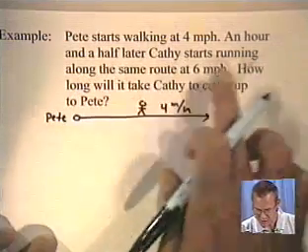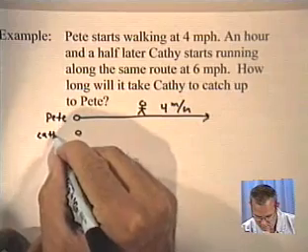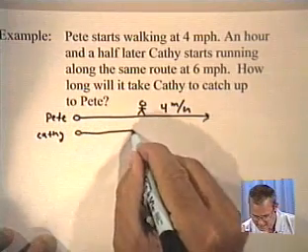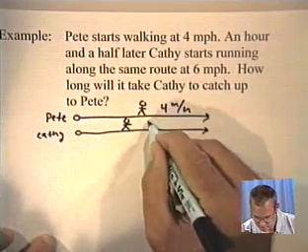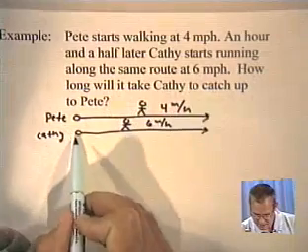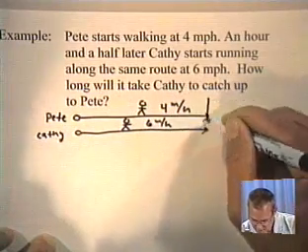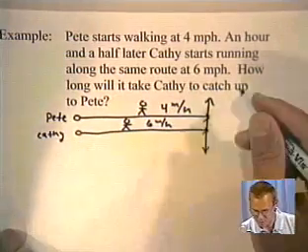Now Kathy is going to start running along the same path. And we want to figure out how long it is going to take Kathy to catch up to Pete. So notice eventually Kathy and Pete will be going the same distance.